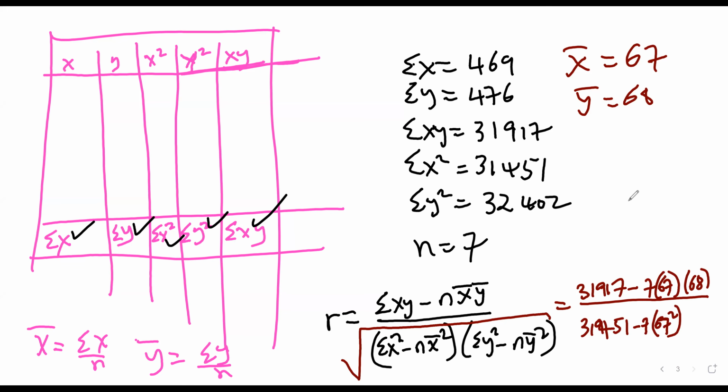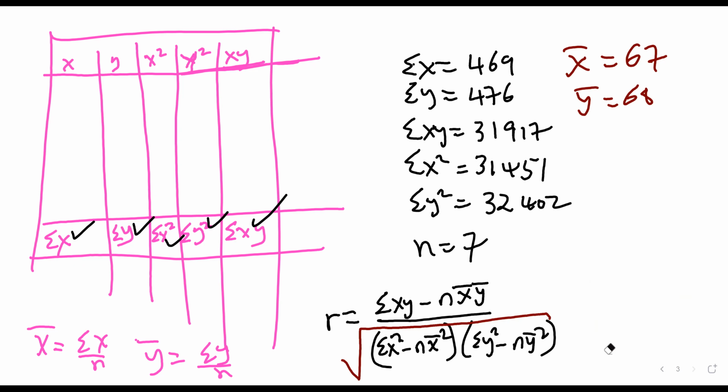The space is not enough here, so let me write on the next page. So we're saying r is equal to 917 minus 7, 68, 67.